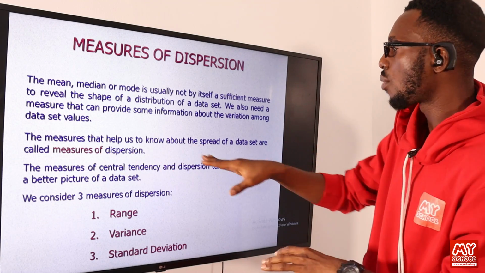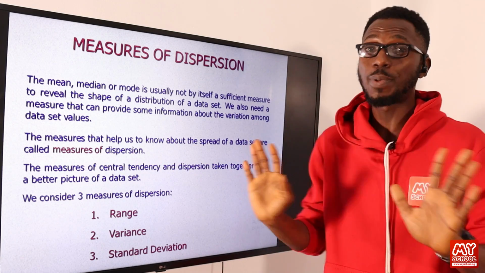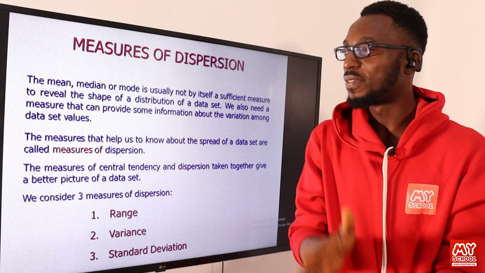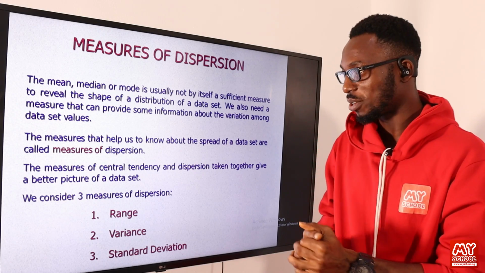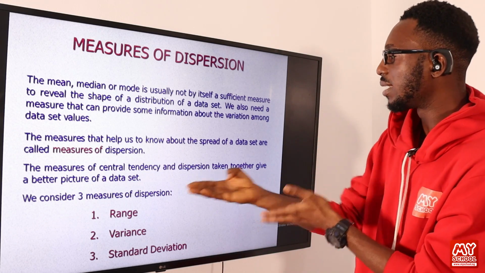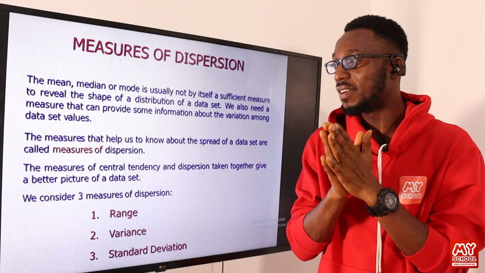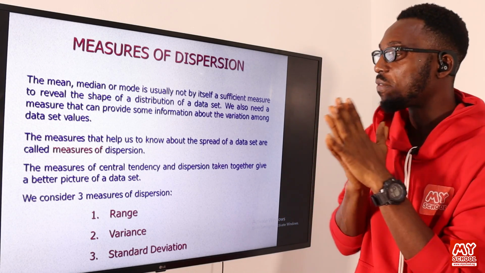The measures that help us know about the spread of data from the center, from the measure of central tendency, we call the measures of dispersion. When you take the measure of central tendency and dispersion together, you have a better picture of the data.